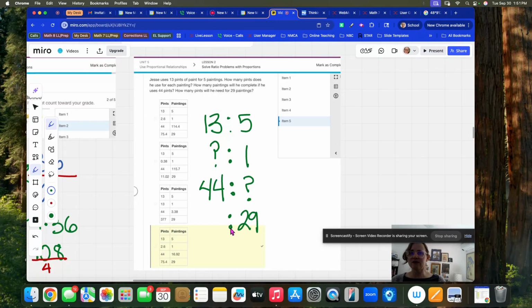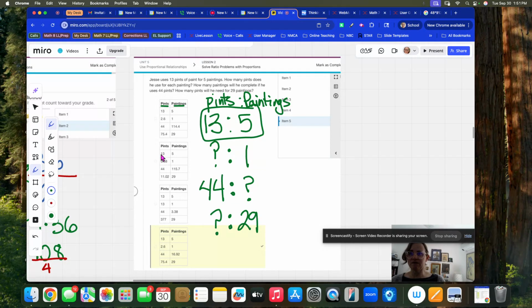So unfortunately, this is 3 problems in one, okay? But they can be solved the exact same way as the other one. The first thing I would look at is this ratio here. This is pints to paintings. So I'm going to check, and it looks like they all are.